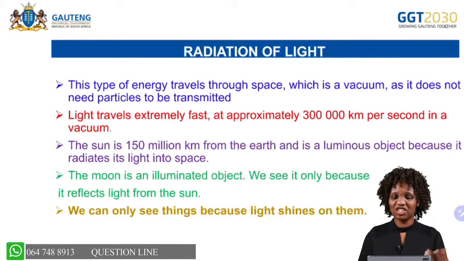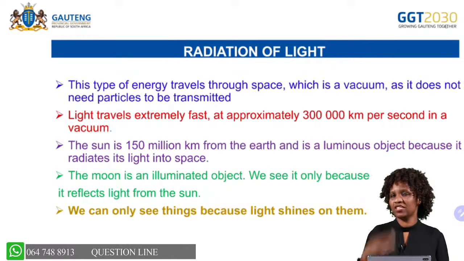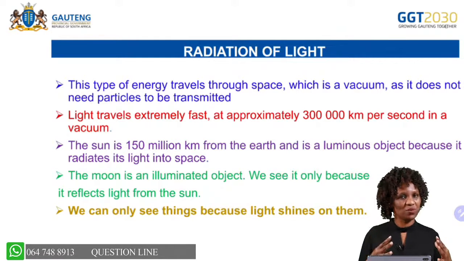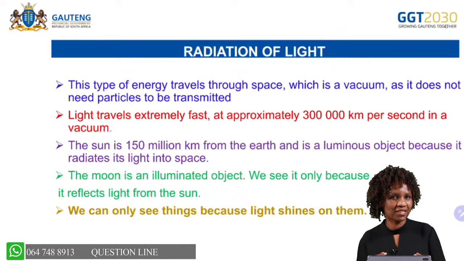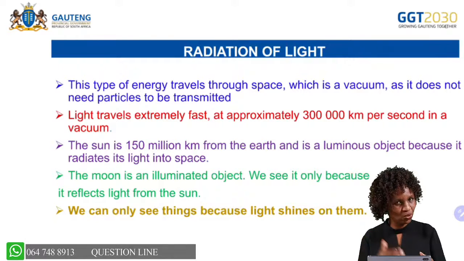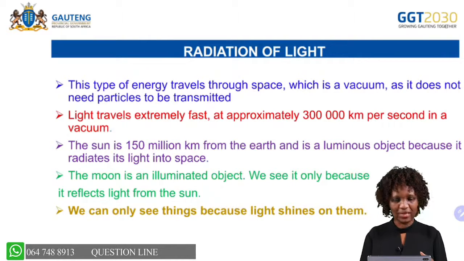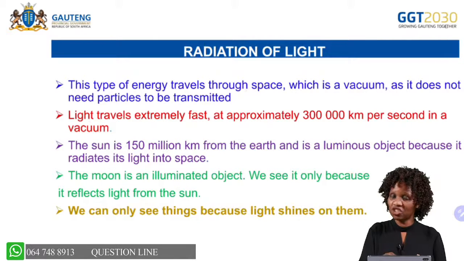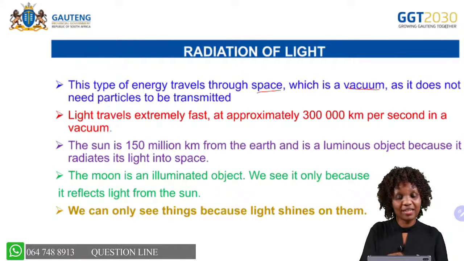And then let's continue with radiation of light. This type of energy travels through space. If it travels through space, it means it travels through a vacuum, and it travels very fast. This type of energy travels through space, which is a vacuum, as it does not need particles to be transmitted.